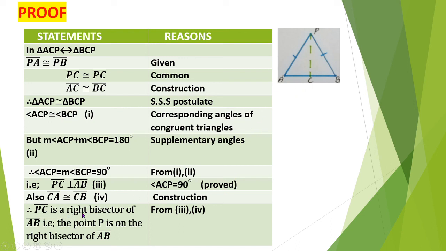Therefore PC is the right bisector of AB, that is, the point P is on the right bisector of AB, from these two points: from this point it is perpendicular and from this point it is bisecting. So it is a right bisector.